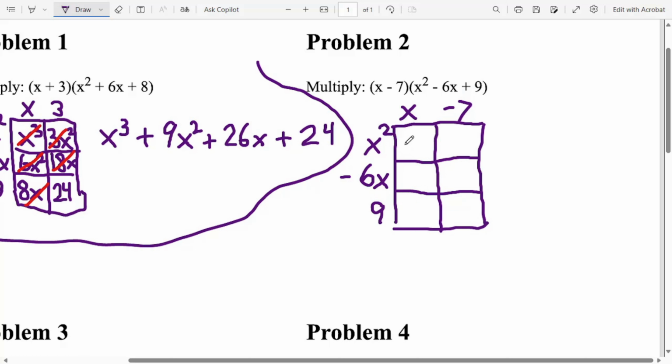So if I do x squared times x, I get x cubed. X squared times negative 7, I get minus 7x squared. X times negative 6x, I get minus 6x squared.